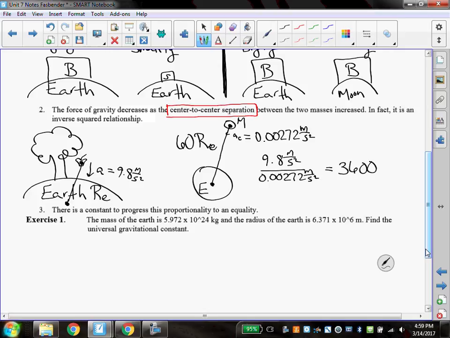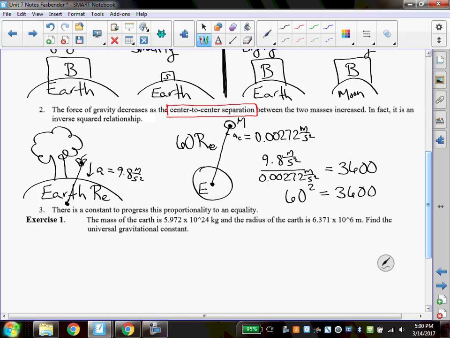That ratio is 3,600. What is 3,600 compared to the radius? Well, 60 squared is equal to 3,600. And that exactly matches the fact that the separation between the Earth and the moon is 60 times greater than the separation between the Earth and that apple that's at the surface of the Earth.